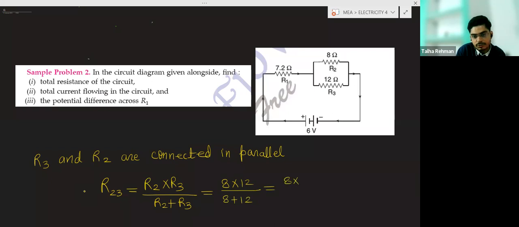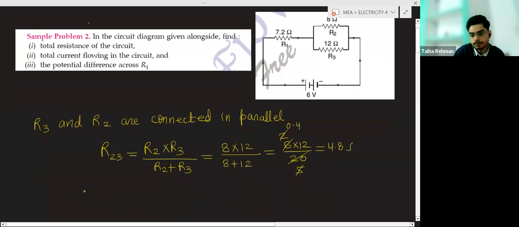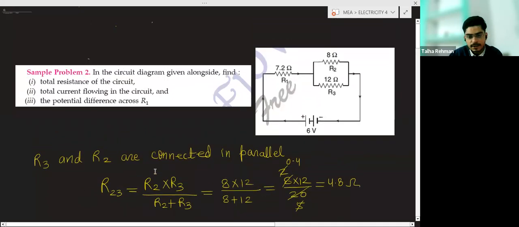It will be 8 into 12 divided by 20. It will become 4.8 ohm. So basically the equivalent of this and this is 4.8 ohm.